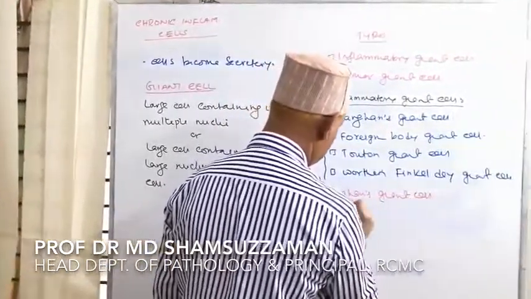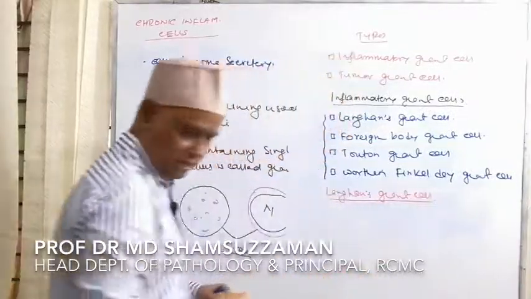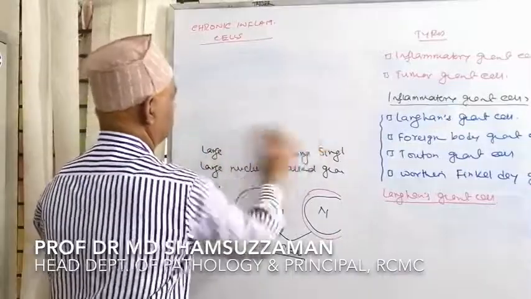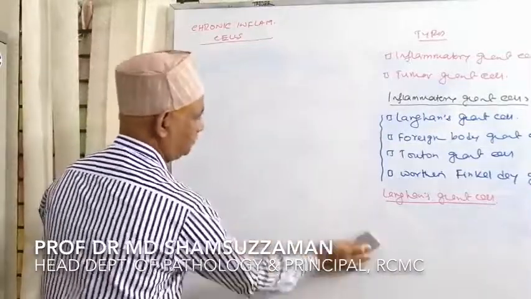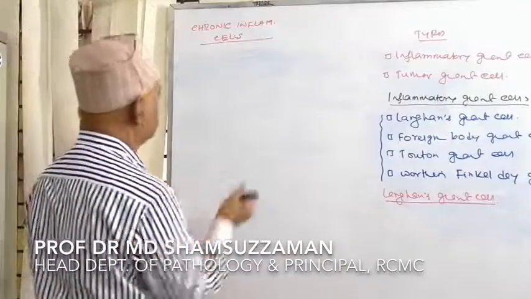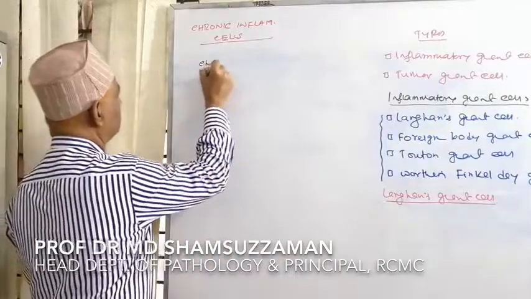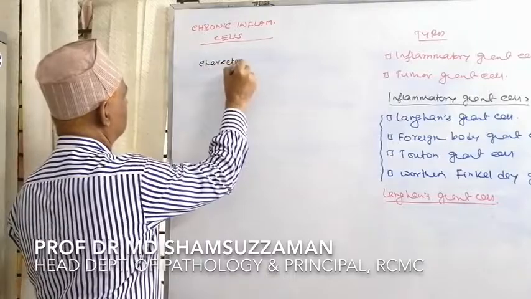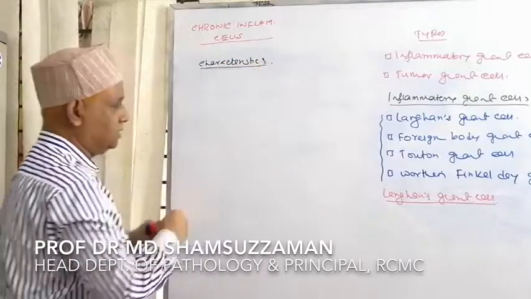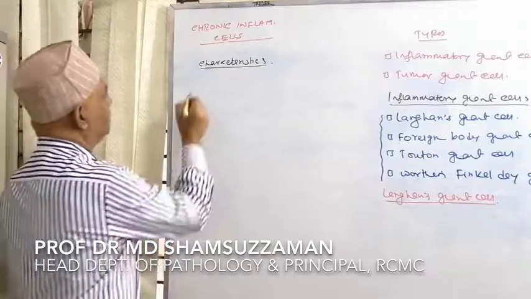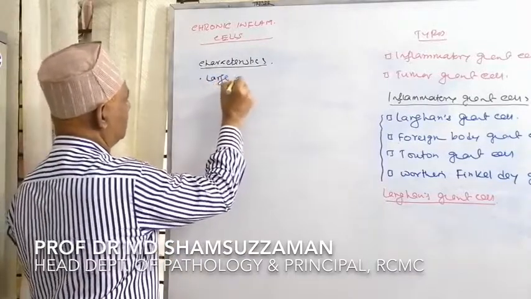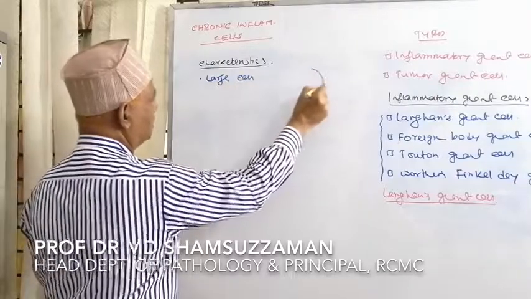What are the characteristics of Langerhans giant cell? Large cell. Cell is very much large cell. Suppose this is the large cell.